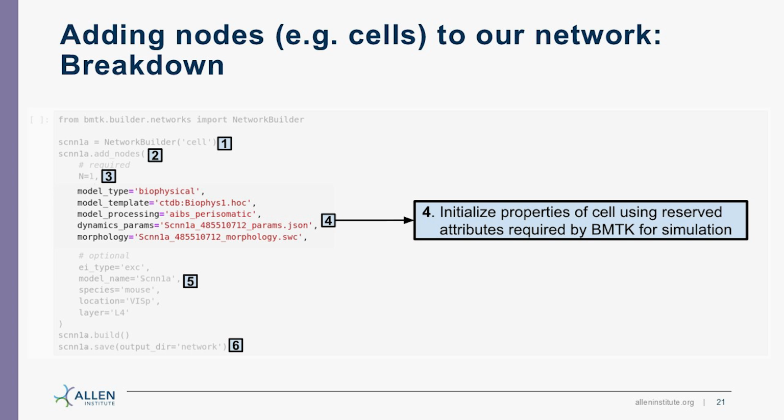This one here is to know which kind of hoc template you're using for discretizing your morphology and building your model in Neuron. How do we know what the other options are for hoc templates? For the Allen cell types database, it's just this one. If you download a new one, it will be different.